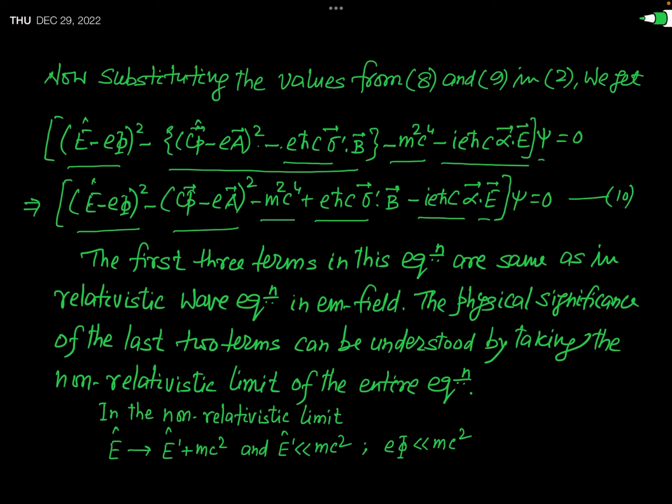In the previous lecture, we discussed the Klein-Gordon equation in an electromagnetic field, also called the relativistic wave equation in electromagnetic field. You can see the first three terms, (E minus e phi) whole square minus (cp minus eA) whole square minus m square c^4, were present in that relativistic wave equation.